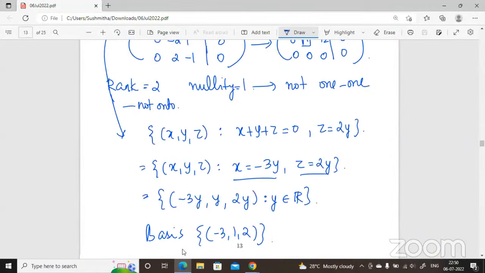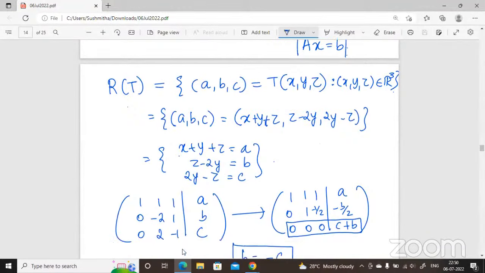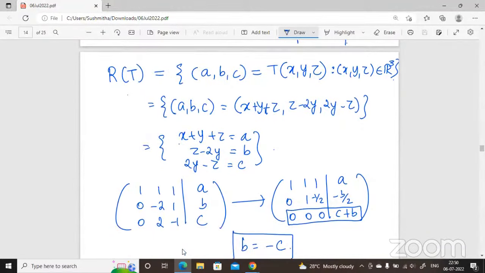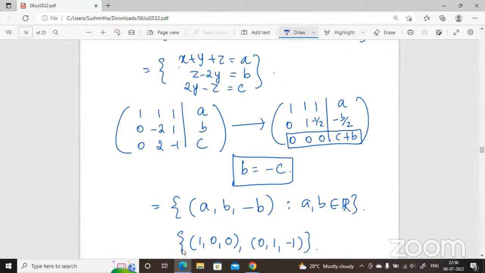So we can check onto here also. That's what we did here also, no? This will work only for these values. Only when B is equal to minus C, there is a solution. But I can find vectors where B is not equal to minus C. So for these vectors, there is no pre-image.